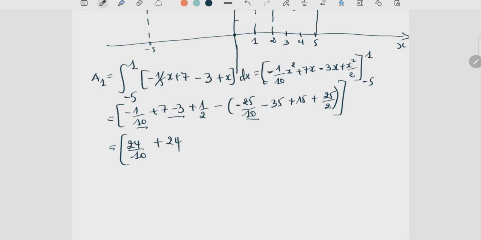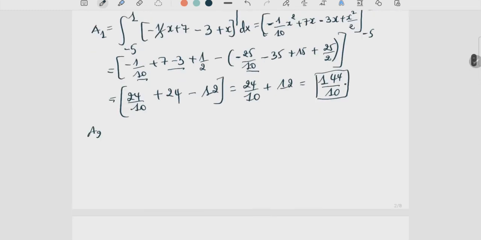And then you have plus 1 over 2 minus 25 over 2, which will give us minus 24 over 2, which is minus 12, which will just give us 24 over 10 plus 12, which will be 144 over 10. So that is our first area.